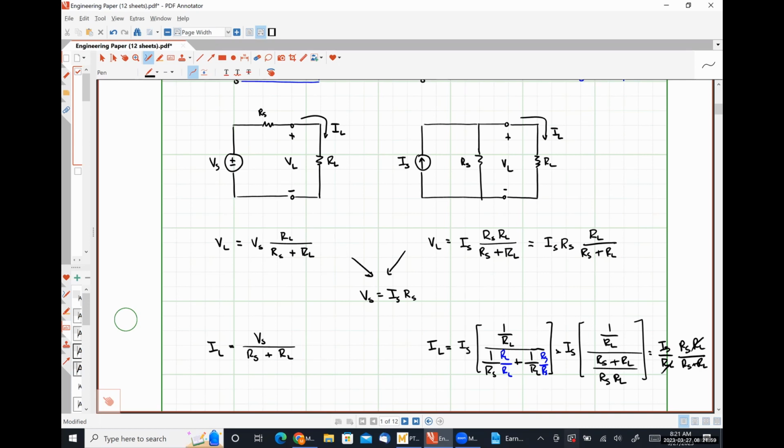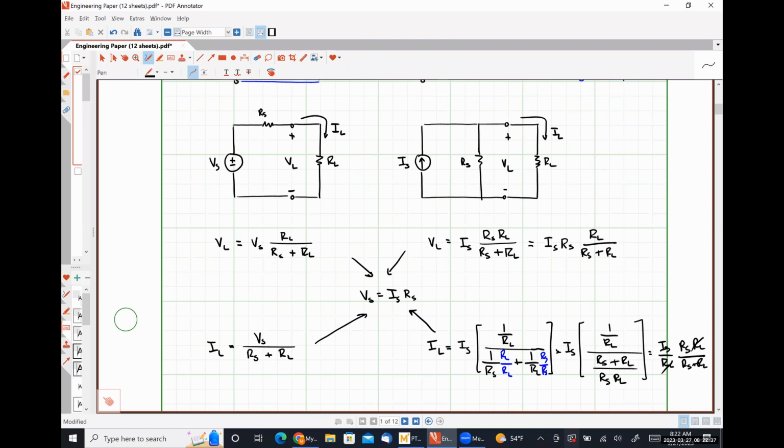What are our conditions for the currents to be equal? The exact same thing, right? So if my source voltage is equal to my source current times my internal resistance, or any permutation thereof, then my practical voltage source and my practical current source are electrically equivalent.